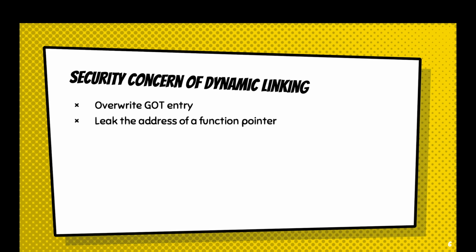So in this way, we will be able to know the base address of libc, and from then on, we'll be able to use the ROP chain, because now we know the offset of the ROP gadgets, and we also know the base address of libc.